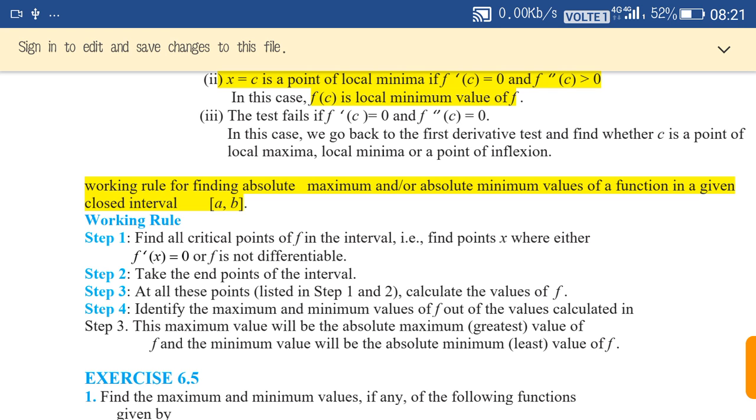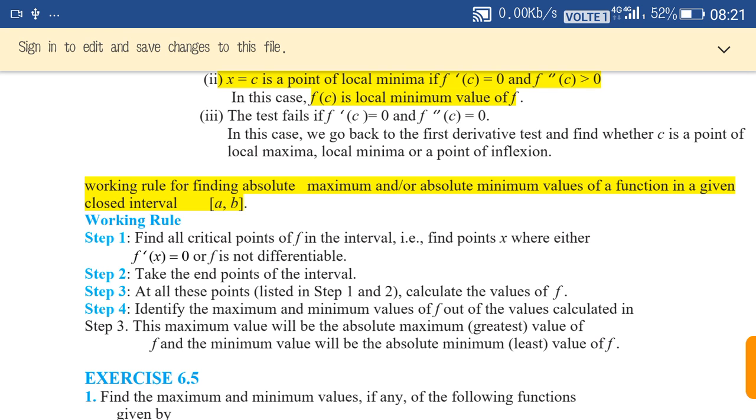Find the points x where f dash x is 0, and take the endpoints of the interval also. Suppose you are given the interval a to b, so a is one point and b is another point, and there are some points we obtained from putting f dash x equal to 0.